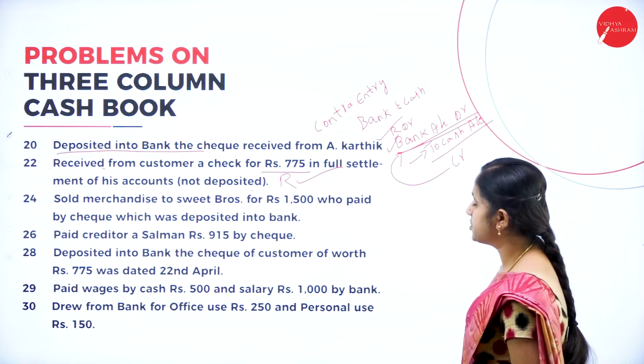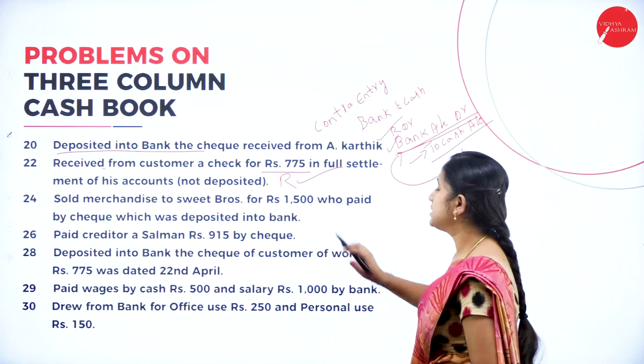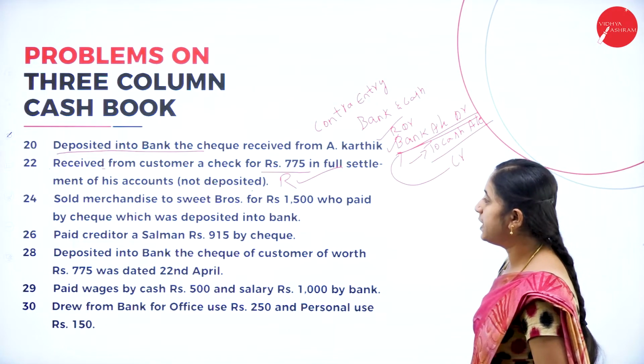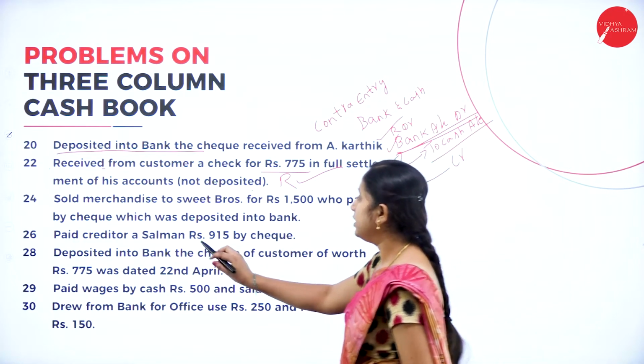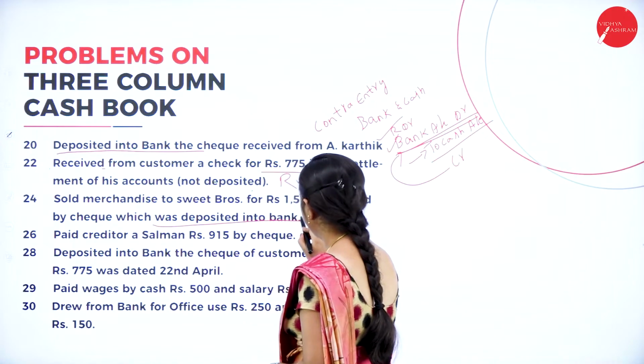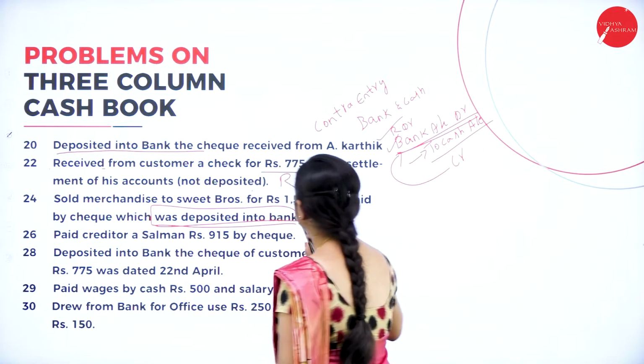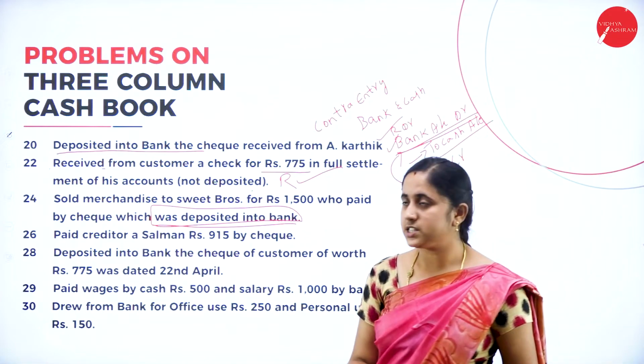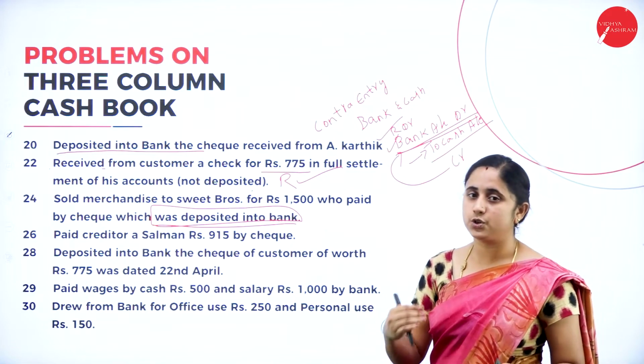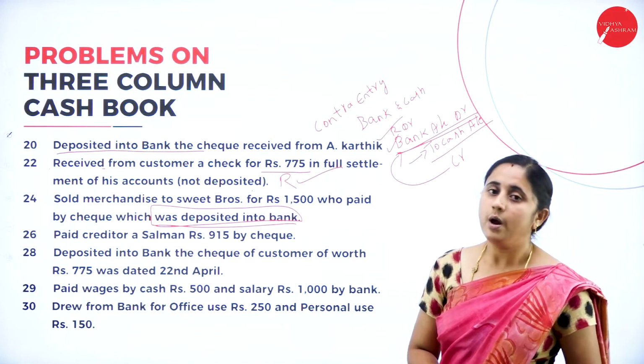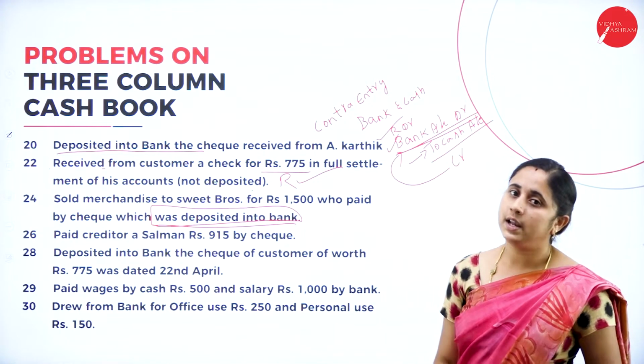Next, sold merchandise to Sweet Brothers for rupees 1500, who paid by check which was deposited into the bank. That means soon after the transaction you deposit the check into the bank, so the bank amount will increase.